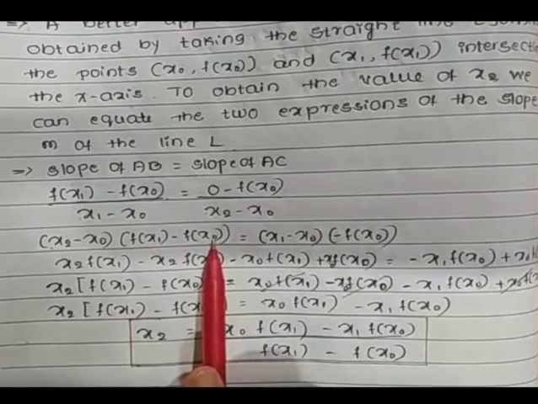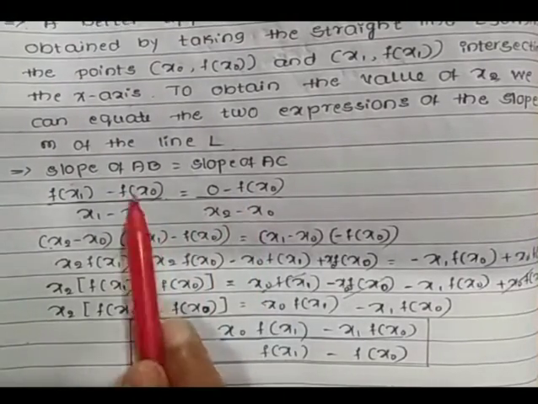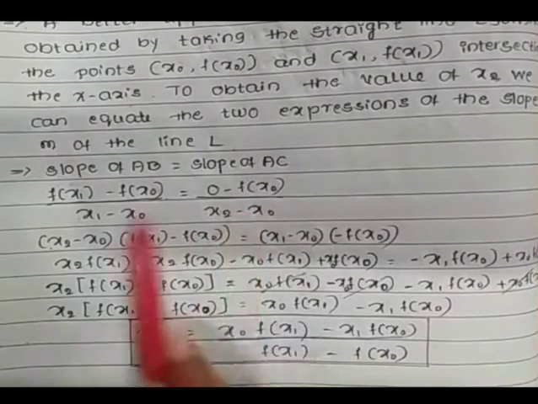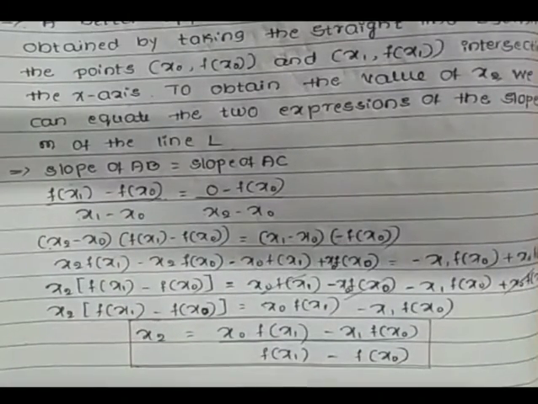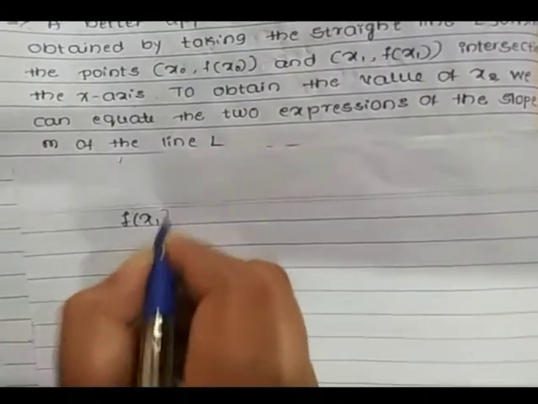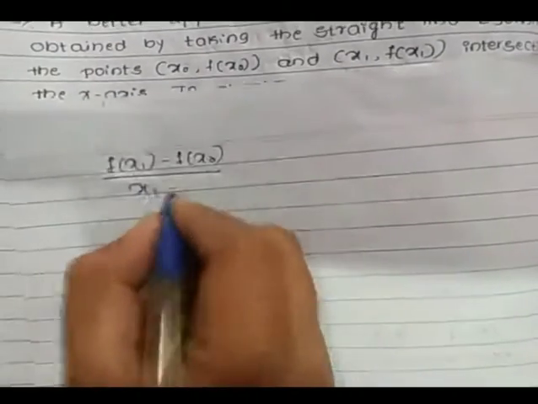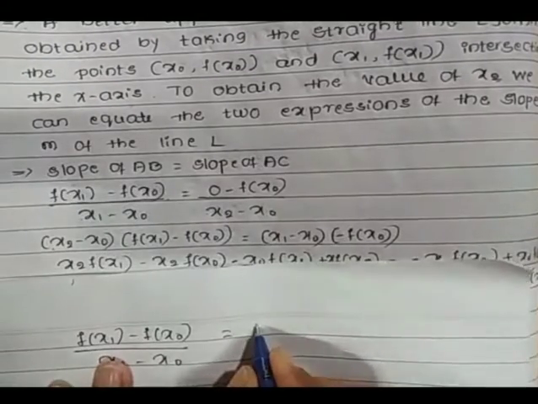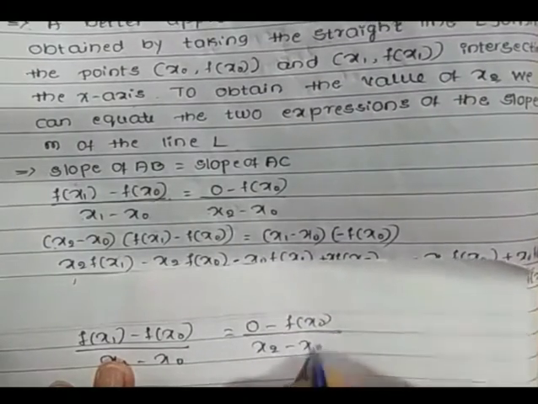Now after this, what we have to do is cross multiplication. Let me write this one. The slope of AB we have got is f of x1 minus f of x naught divided by x1 minus x naught, and the slope of AC we have got is 0 minus f of x naught divided by x2 minus x naught.